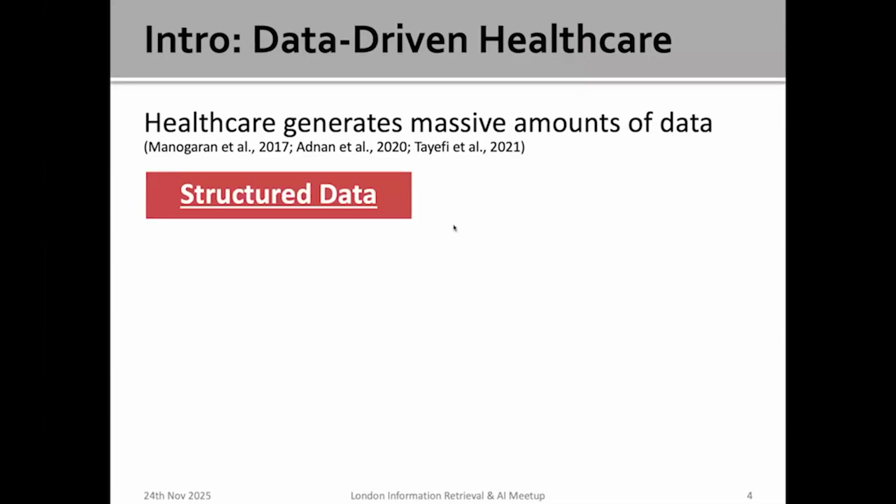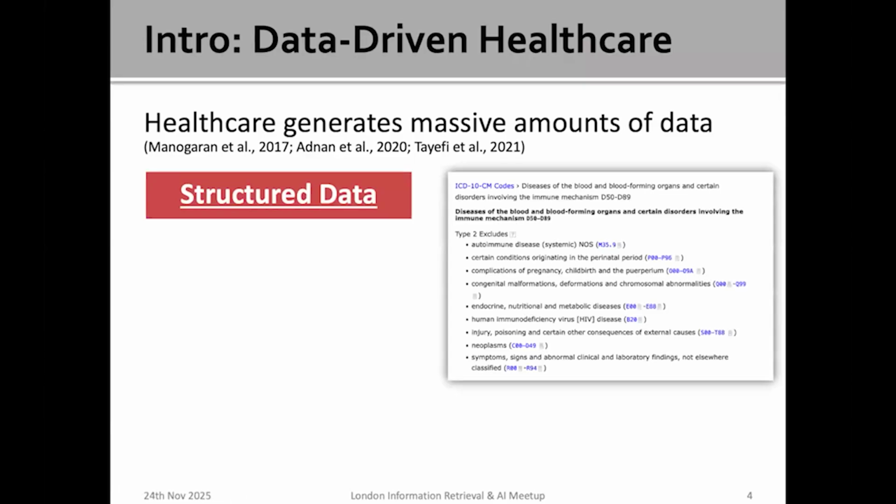So the first type of data that hospitals and healthcare in general are producing is structured data. For example, here is a screenshot of the ICD coding schema, which is used to log diagnoses, stuff like that. And that is very structured. So you have a hierarchical structure, and also codes are mapped to diseases.